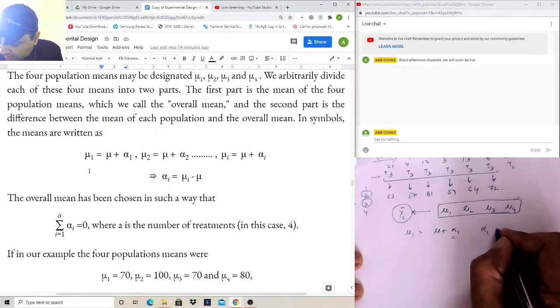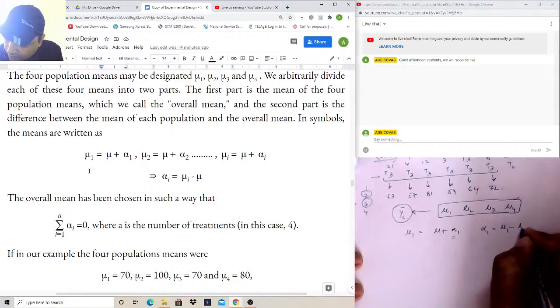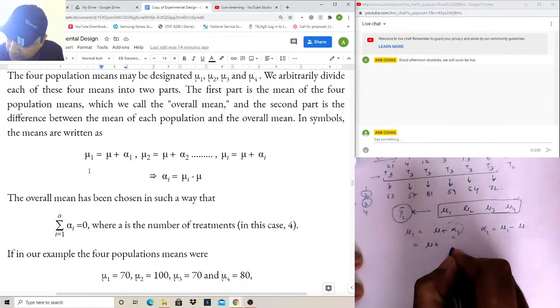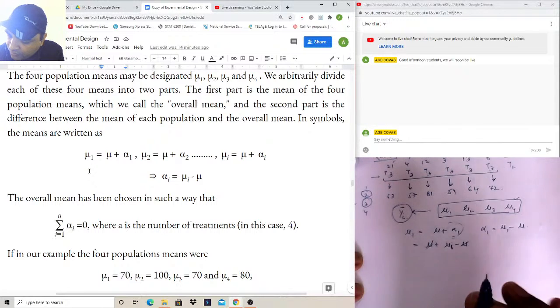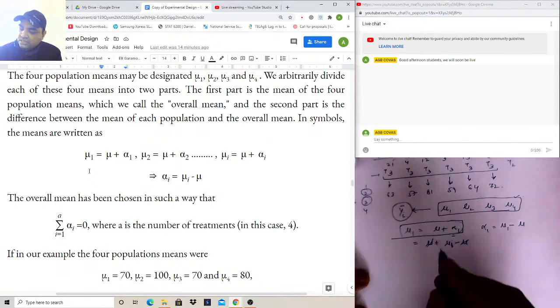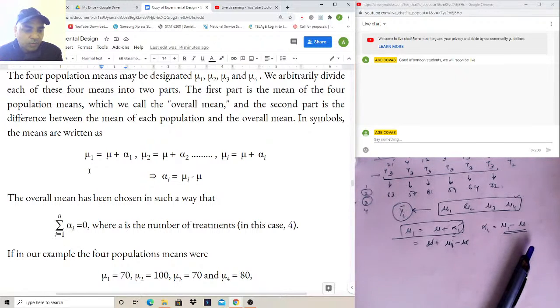Alpha 1 is nothing but mu1 minus mu. So, if I put here mu plus mu1 minus mu, it will be equal to mu1. So, this is correct mathematically. Okay, so this is the difference of the group mean minus overall population mean.